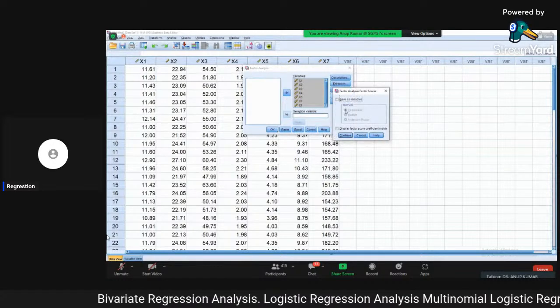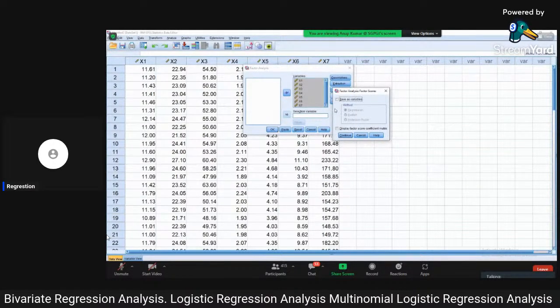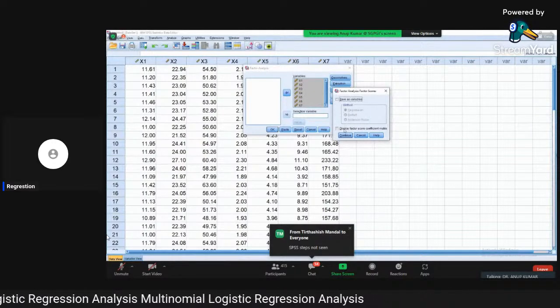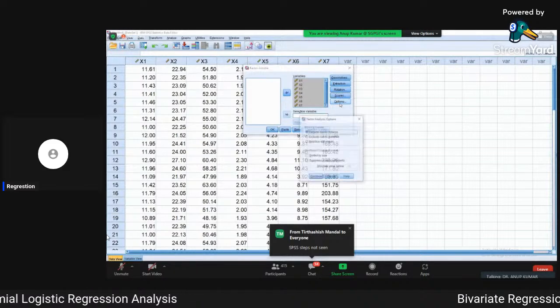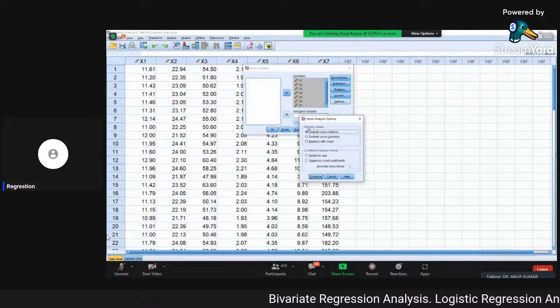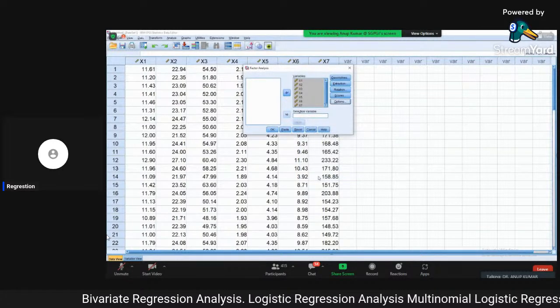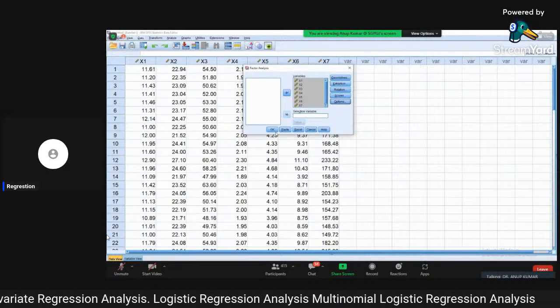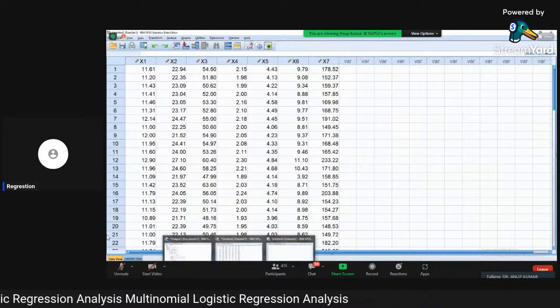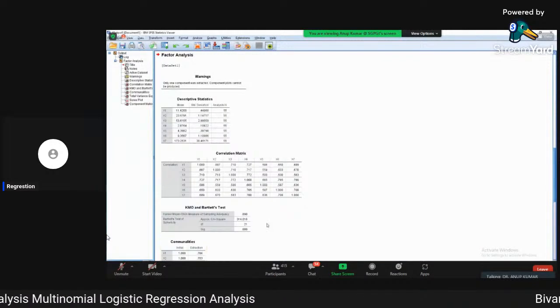Now Scores, whether I want the scores as variables. That also can be done, but right now I'm not. And Options: these are the options for how you can tackle the missing values. Okay. So if I click OK, I'll get the results in the output like this.